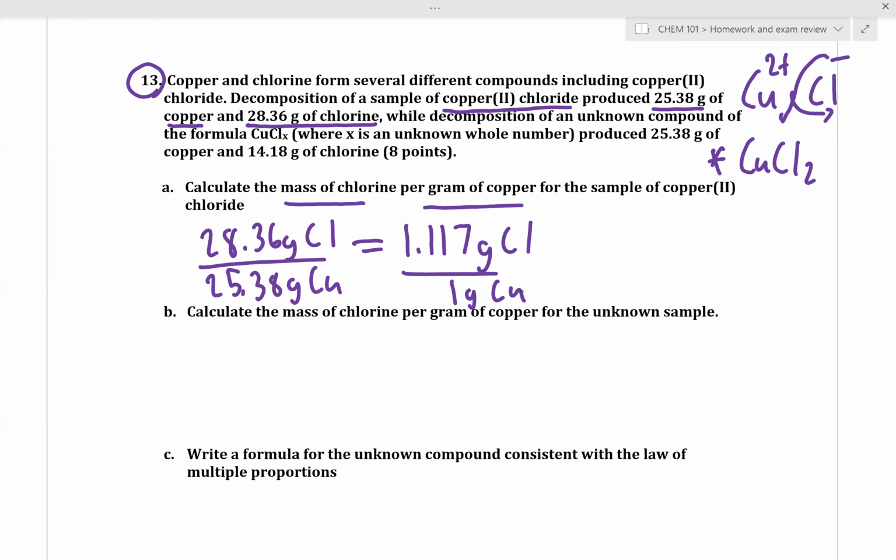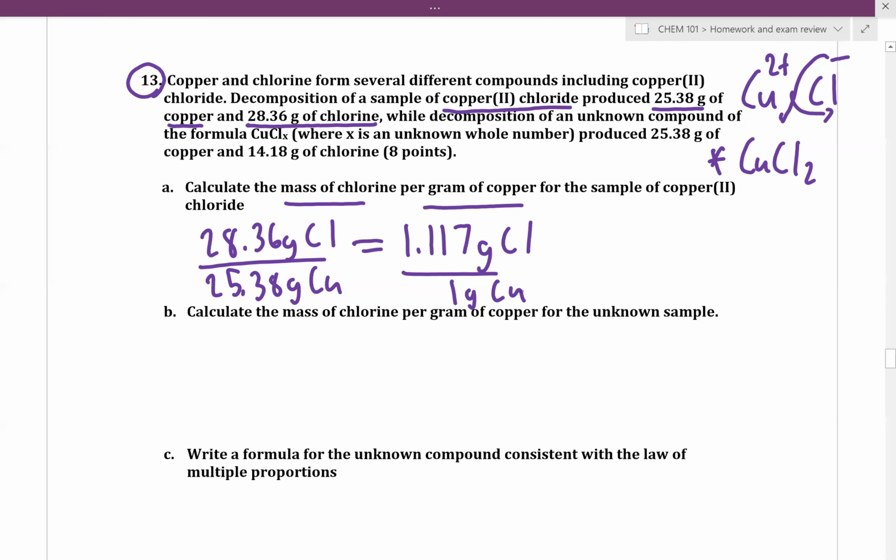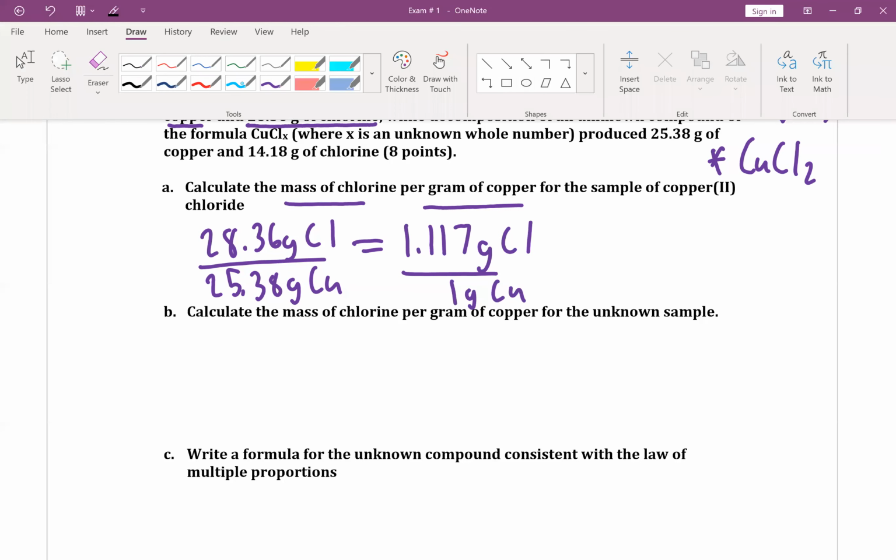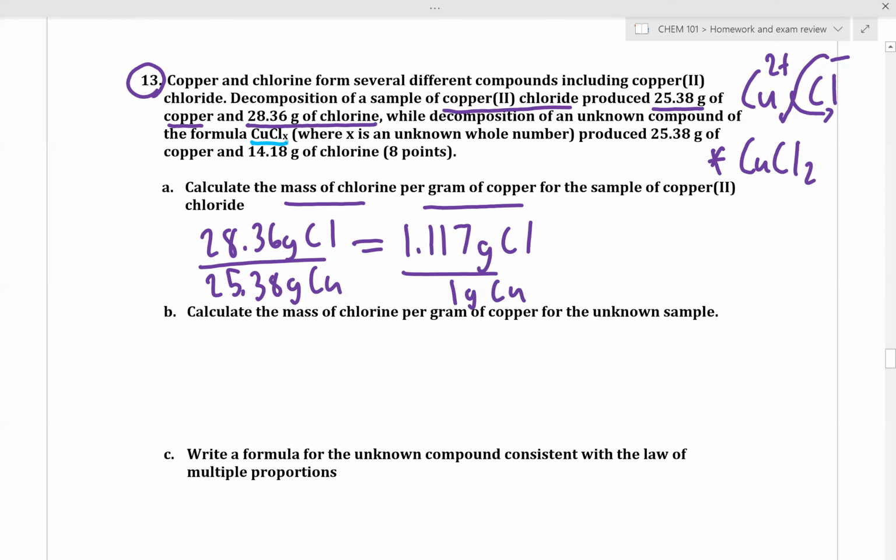Okay, in the second case, we have another compound of the formula CuClx. I actually gave you excess information here because we see that it produces 25.38 grams of copper and 14.18 grams of chlorine. Would someone like to elaborate on my statement?